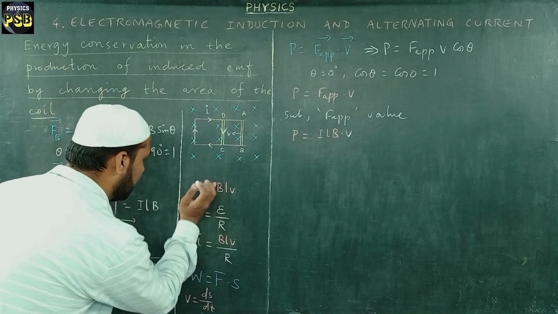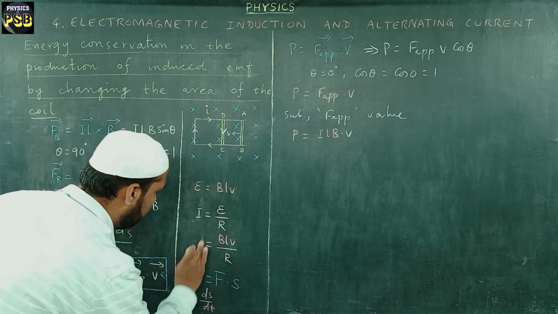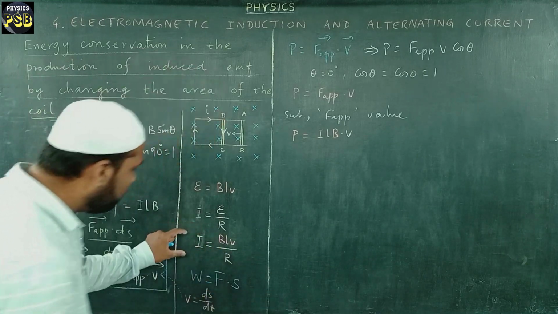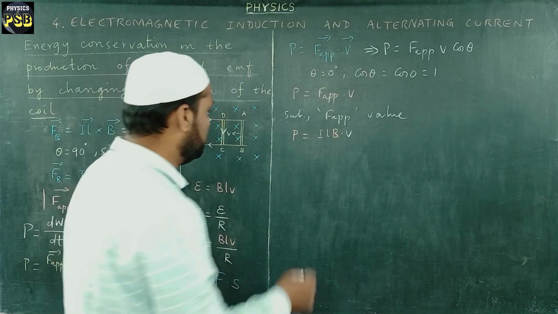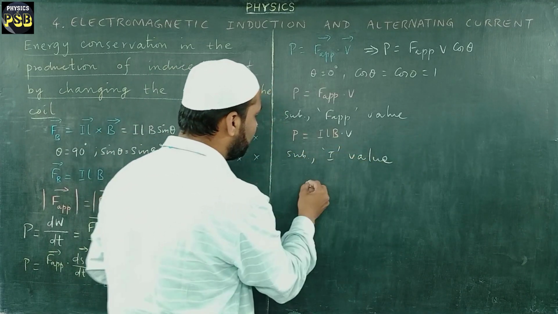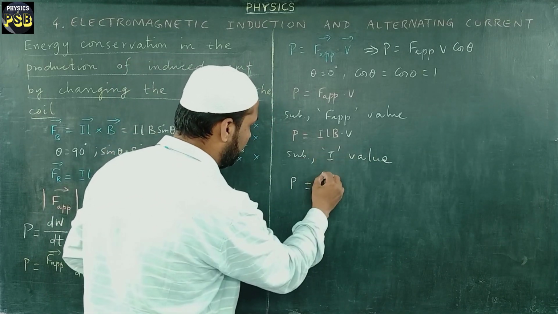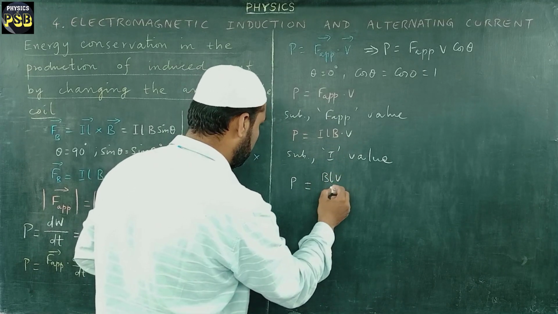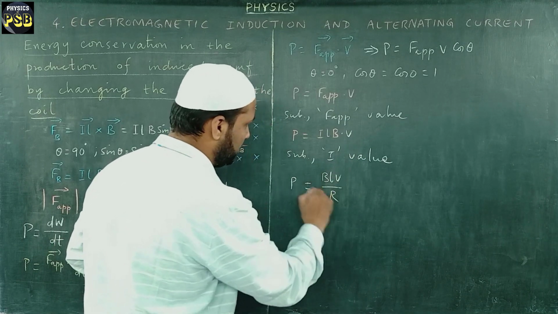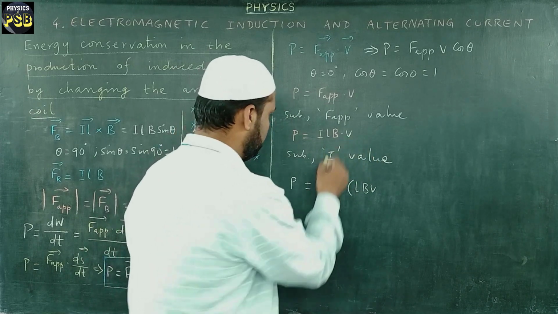I take it as a capital I for my convenience, because everywhere we have used the capital I only. So the small i is replaced with the capital I. Now I am going to substitute the value of I. P becomes equal to, in the place of I, BLV upon R multiplied with LBV.